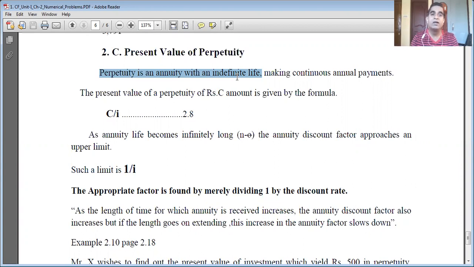If you have any older people who worked for government offices at home, you will know that they draw pension every month. The amount given to the pension holder every month is the same. It doesn't change. That is the first point, equal cash flows.